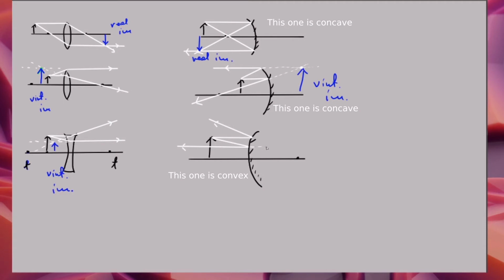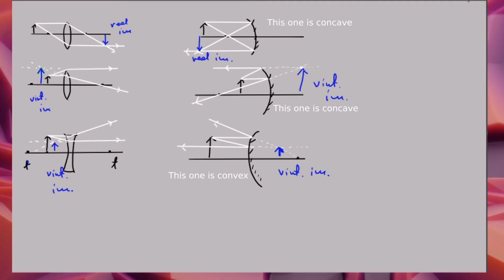So here's the first one extended. Here's the second one extended. Whatever these extensions cross is where we have the image. So here's the image. And this would be a virtual image, because it's not formed by actual rays of light. All right, so these are all the different diagrams.